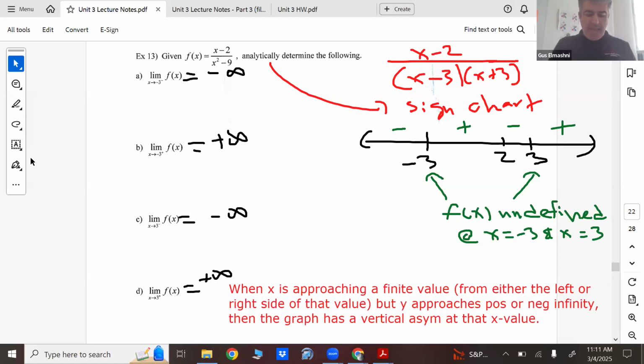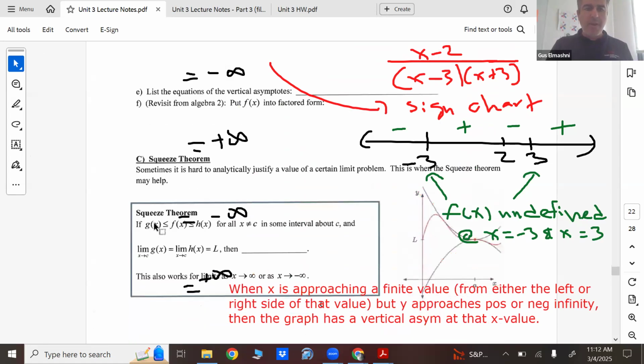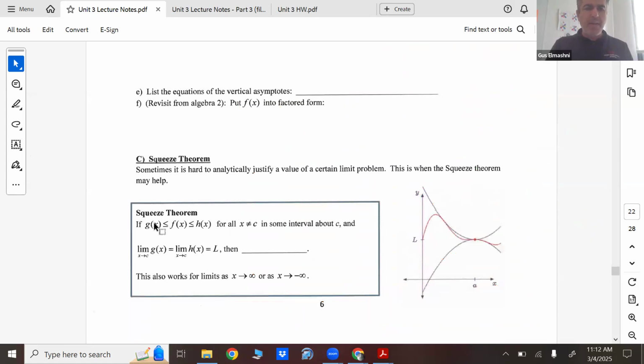And my asymptotes, again, I'm not going to do the squeeze theorem. I didn't plan on it anyway. I'm sorry, dude. We'll do it Thursday. And good for you.